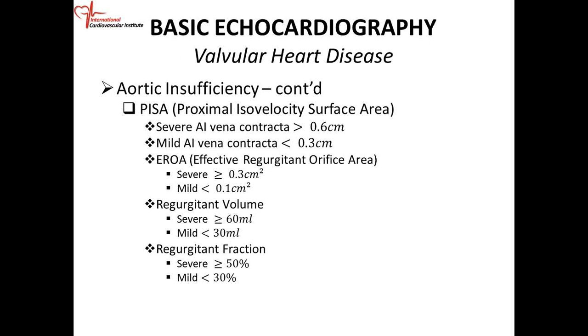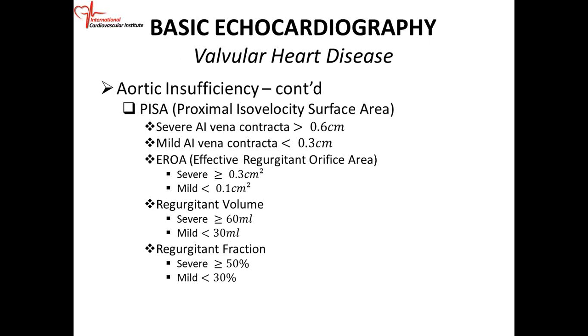So EROA, effective regurgitant orifice area, greater than or equal to 0.3 centimeters squared suggests severe AI. If it's less than 0.1 centimeters squared, then it's mild. You can also get what we call a vena contracta. Remember, when you have regurgitation, the blood is going to flow back through this column.